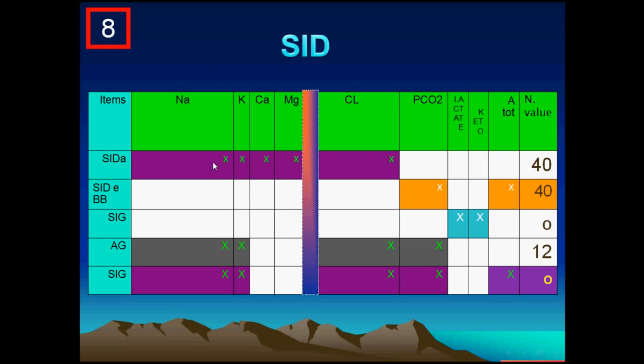because sodium forms the majority of the cation of the extracellular space, and chloride forms the majority of the anion of the extracellular space. So in this case, when you look at the difference between the two, the difference is 40. The sodium is 142.